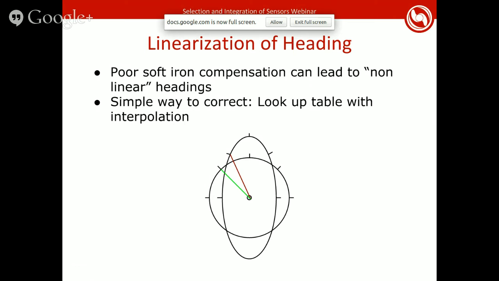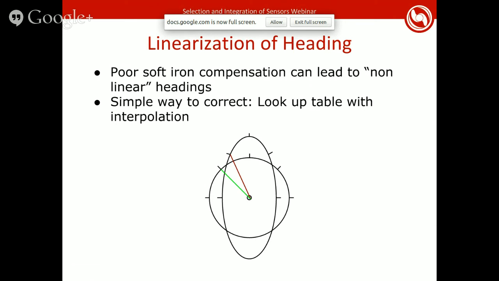Then we keep a giant lookup table of all these headings. When we actually run this, we give it a sensor reading, and it matches the actual heading that's close to that sensor reading. So in a way, we're undistorting this non-circularity in the headings. You find the one that's closest, and then interpolate between the two.